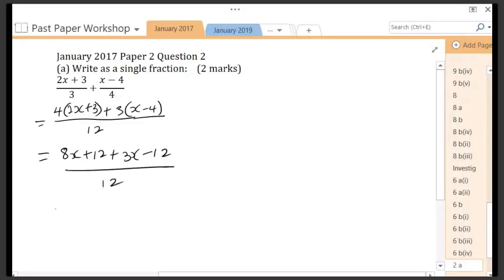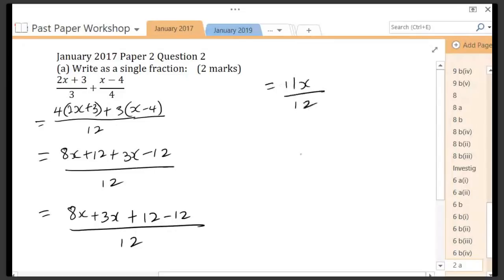Let's group the like terms: 8x plus 3x plus 12 minus 12, all over 12. Now notice 12 minus 12 is 0, and 8 plus 3 is 11, so this is 11x, all over 12.